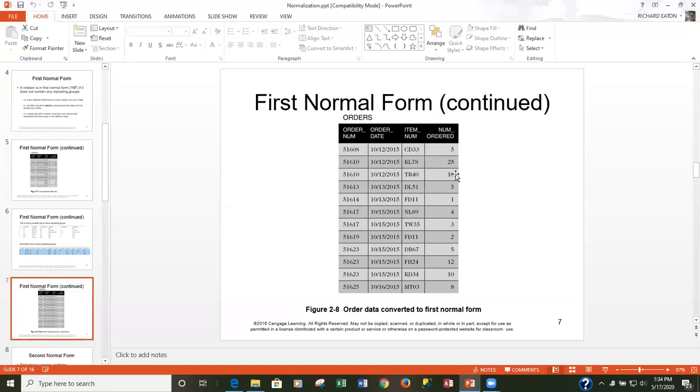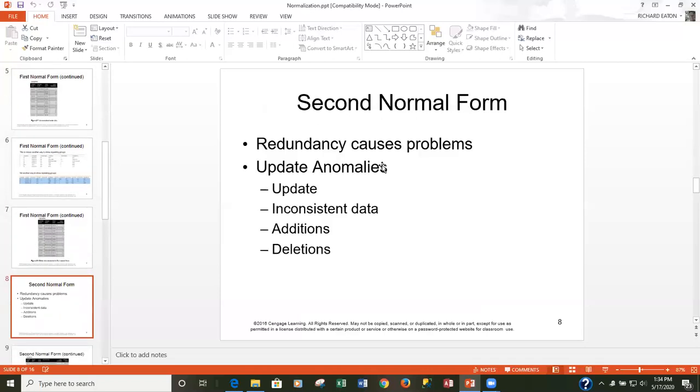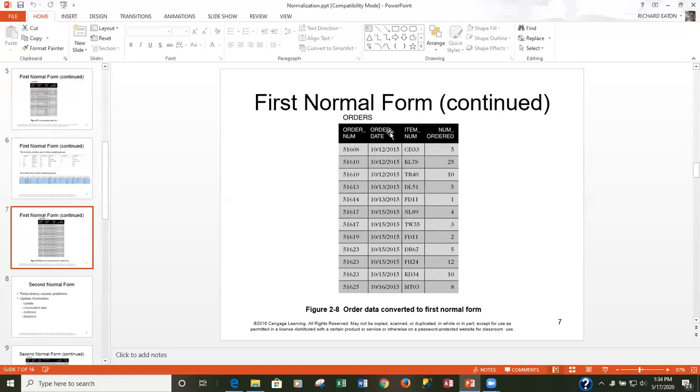That certainly is an improvement over what we had before, although there's still some issues here and some redundancy going on in duplicating the order number and the order date. But that basically is a normalized table. We'll see a better solution when we get into the second and third normal forms. But this is a table that is in first normal form.